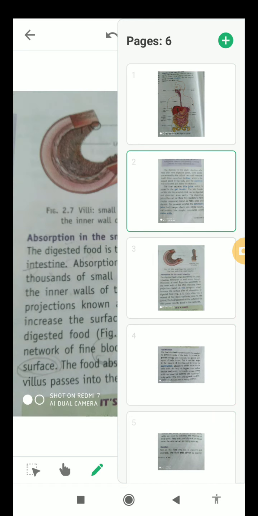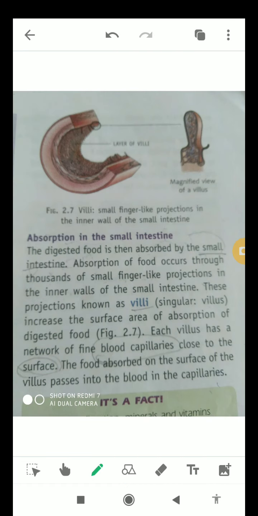Now the next slide. Now in this slide I'll let you know about how the absorption of food takes place in the small intestine. The digested food is then absorbed by the small intestine. The absorption of food occurs through thousands of small finger-like projections in the inner walls of the small intestine. These projections are also known as villi.